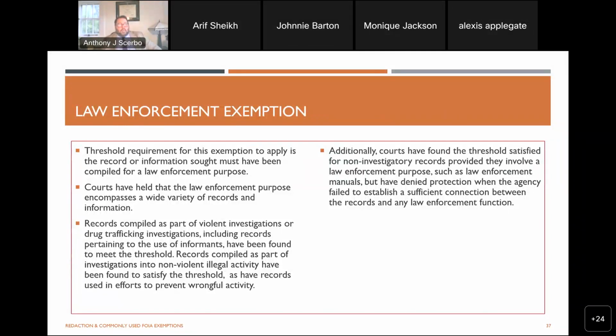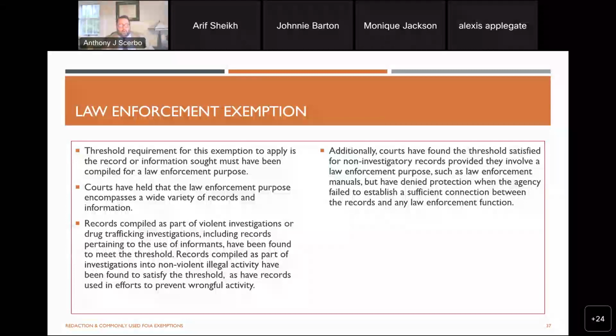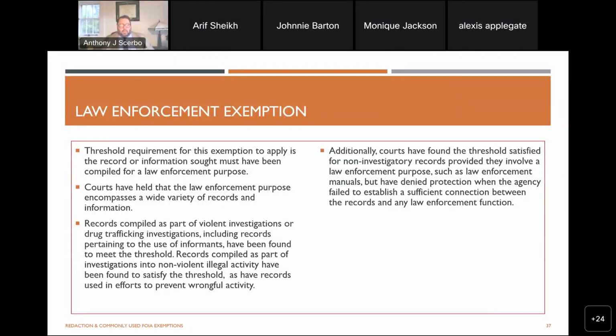Records compiled as part of investigations into nonviolent activity, however, have been found to satisfy the threshold as well, as have records used in efforts to prevent wrongful activity. So you go across the spectrum from violence and drug trafficking, undercover work, informants, etc., but also the exemption ends up applying to nonviolent illegal activity and efforts to prevent wrongful activity.